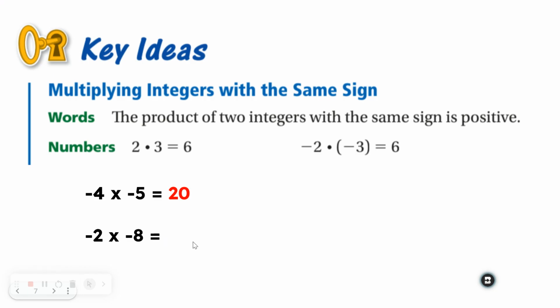I'm just going to do 2 times 8, 16. -7 times -3, again, they both have the same sign. So 7 times 3, we get 21. Last one, -6 times -2, they both have the same sign. We get 12. So when you are multiplying and both of the numbers have the same sign, your answer is always positive.